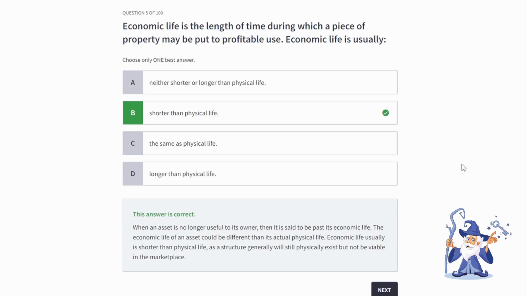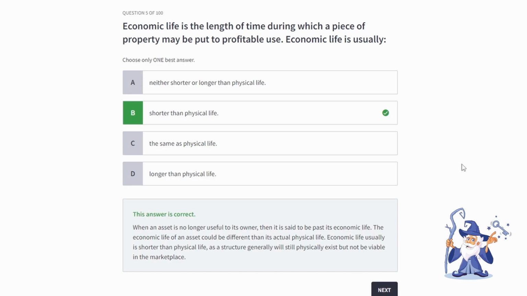Let's say maybe its economic life is only 50 years, but the building is still going to exist maybe for 100 years, because of all the wear and tear, maybe all the trucks, and maybe the businesses don't want to use the property anymore. Maybe it's just run down. But again, it still exists.